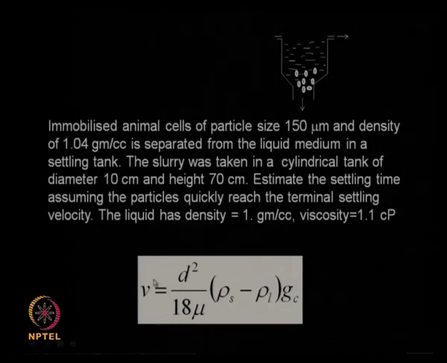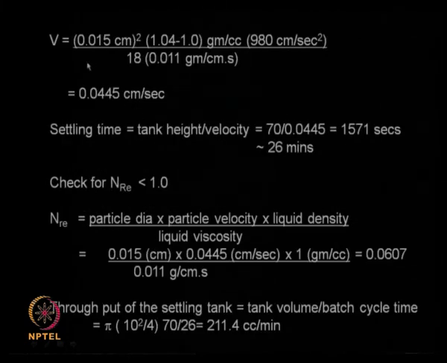Once we calculate the terminal settling velocity, I know the height of the tank. So from there I can calculate how long it will take a particle from the top to come down to the bottom, because that is what you want to calculate: the settling time. So we introduce all the terms in our Stokes equation and we end up with a terminal settling velocity of 0.0445 centimeter per second.